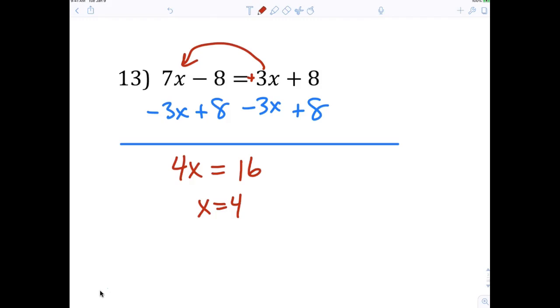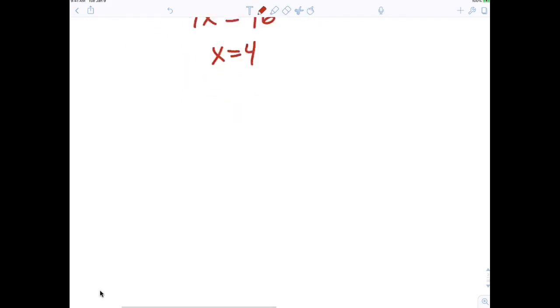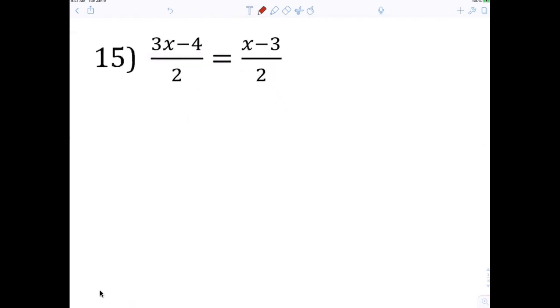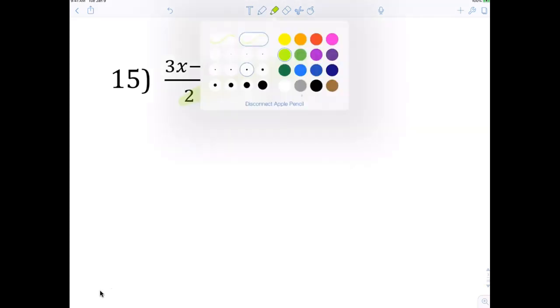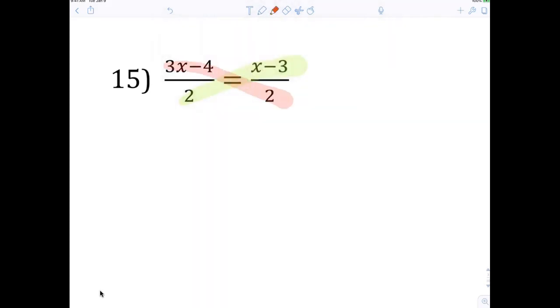All right. Miss Buchanan, you okay? All right, here we go. Now on this one, this is a proportion. How do we solve proportions? What do we do? What was it? Cross multiply. All right, so let's see what that means. Cross multiply means you're multiplying these two together and you're multiplying these two together.